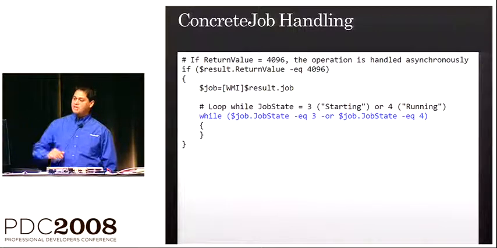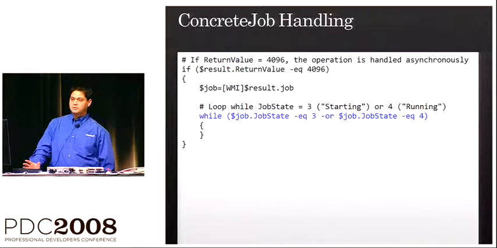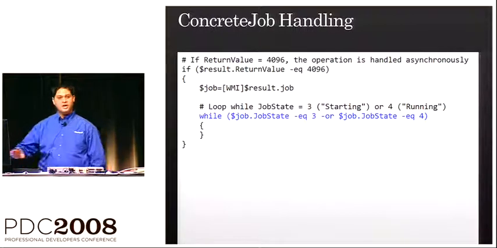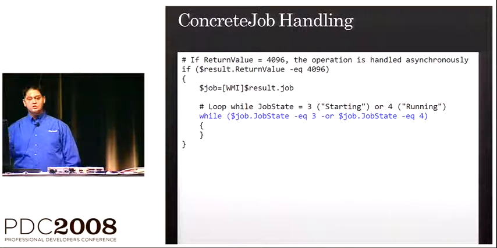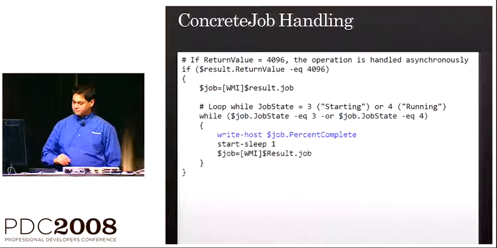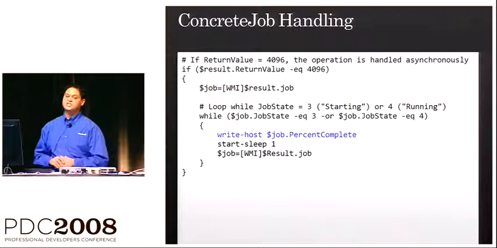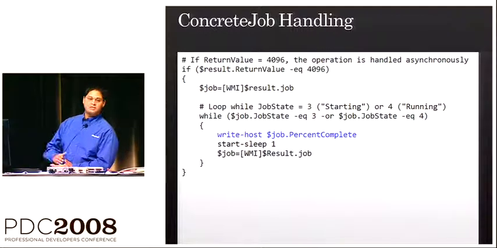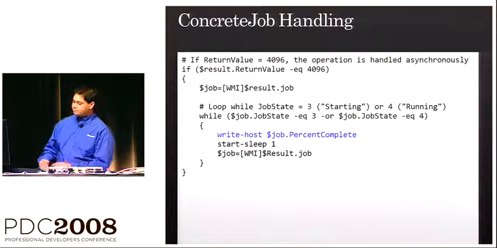If the job state property of that object is 3 or 4, that basically means that it's still running, it hasn't completed yet, no errors, no nothing. So just go ahead and loop for a while. And you can use this %complete property to actually figure out how far this operation has gotten.